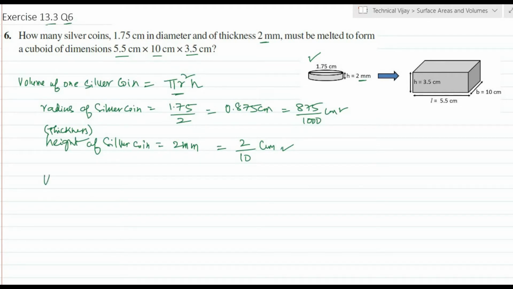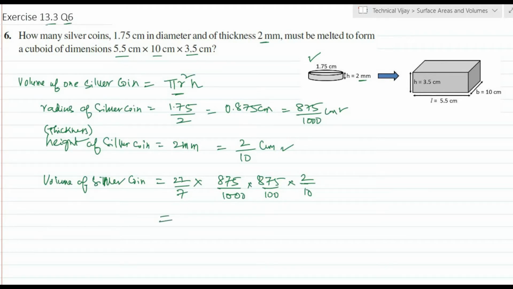Volume of silver coin is equal to pi, that is 22 divided by 7, into r square, that is radius: 875 divided by 1000 into 875 divided by 1000, into 2 by 10, this is the height.